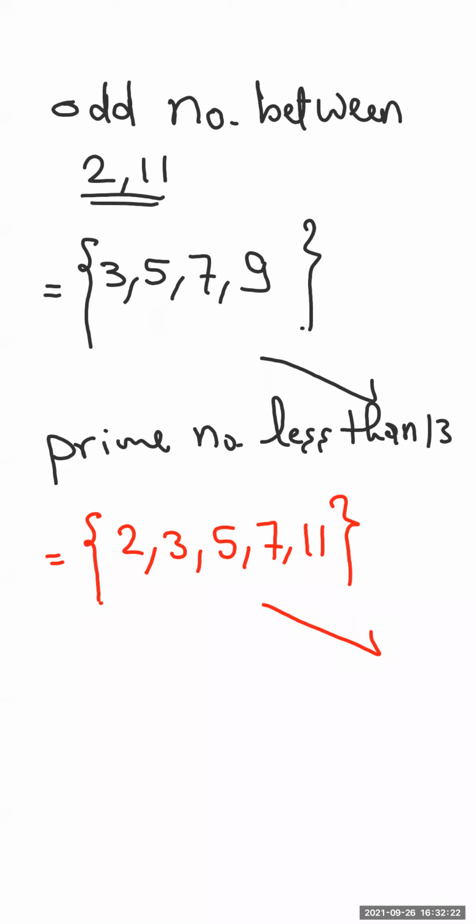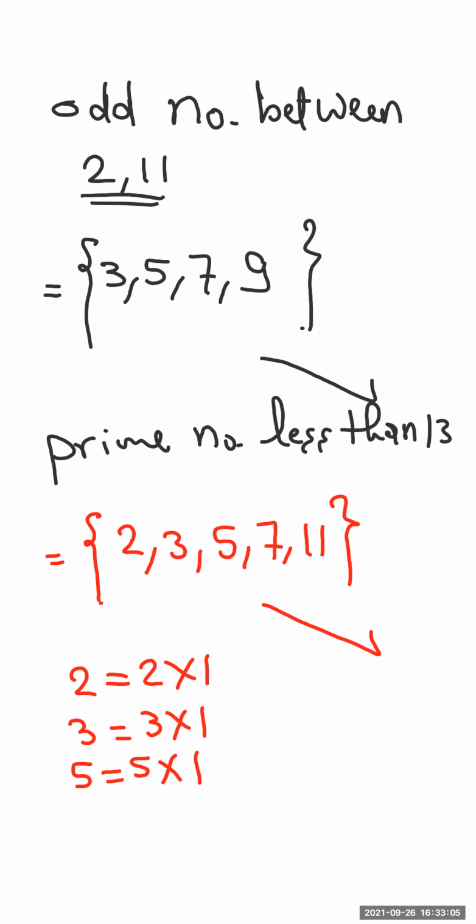Mister, please. Yes? How is 2 the prime number while it is an even number? There is no relation between even or odd. Prime numbers are the numbers which have only two factors, like 2. 2 only equals 2 times 1, so only two factors. Like 3, only 3 times 1. Like 5, only 5 times 1.